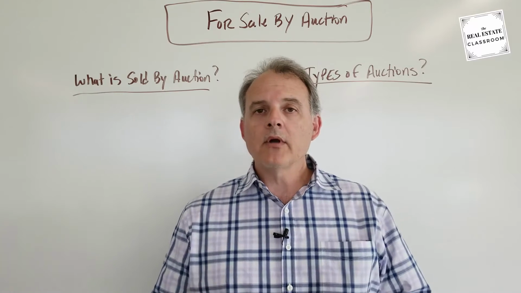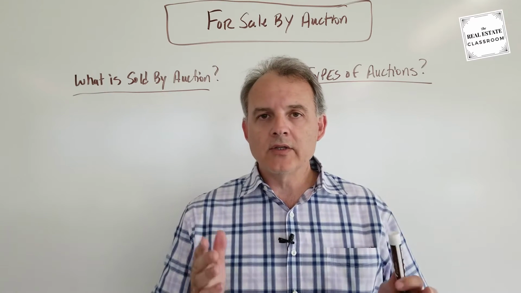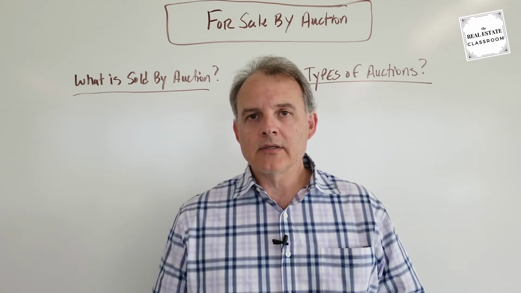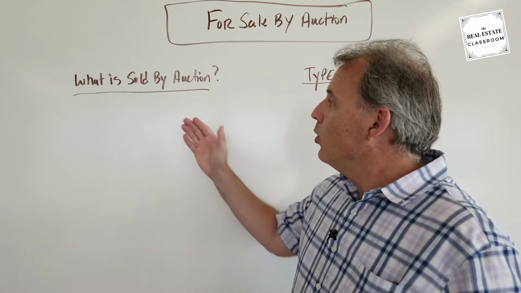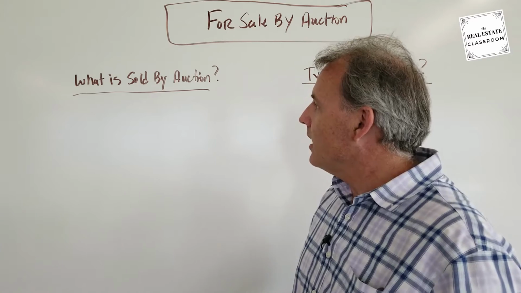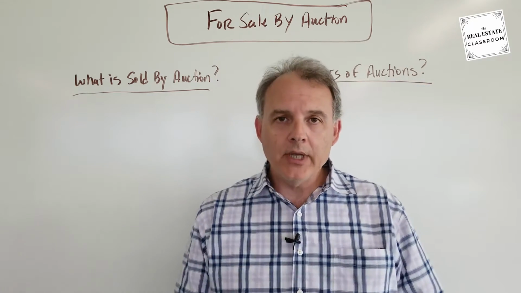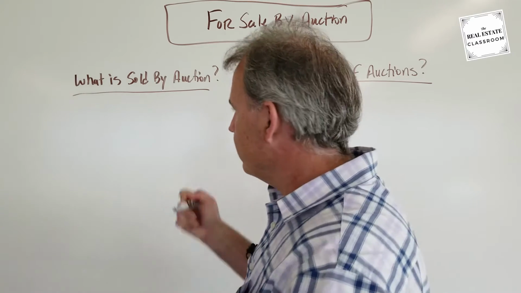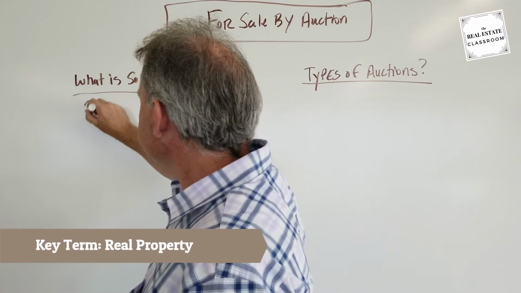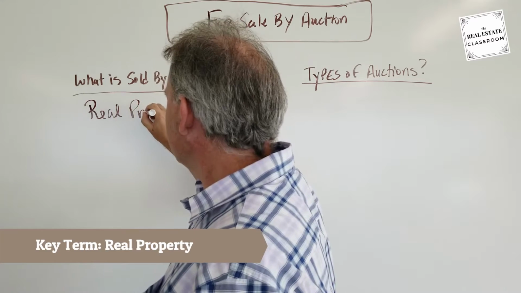But there are a few things that you need to know as a student for the real estate licensing exam. The first thing you need to know is what is being sold by auction, or what type of property can be sold by auction. Well, there's two types. We have real property that can be sold by auction.